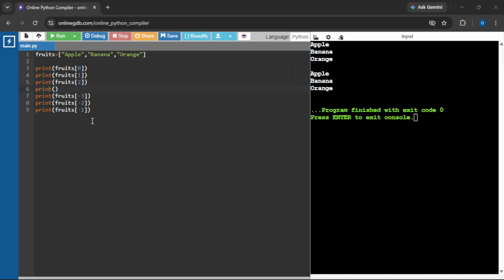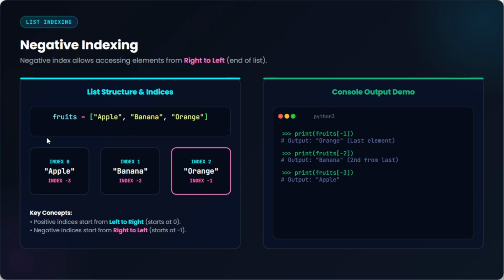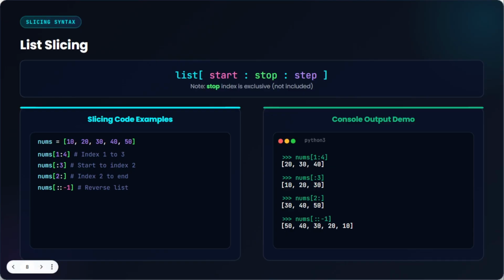Now let's talk about list slicing. Suppose we want a group of elements. That's where slicing comes in. Slicing allows us to access a part of the list. The basic syntax is list, start, stop, and step.